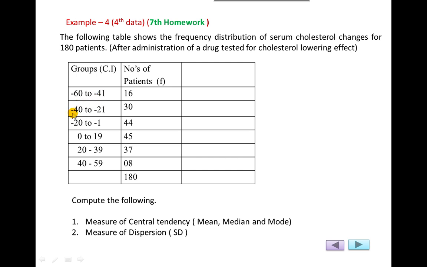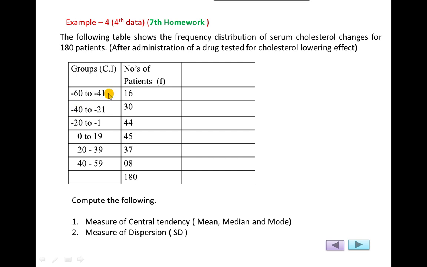A negative small value is a large value. Subtract this value, minus 41, from minus 40. So minus 40 minus minus 41, minus minus will be plus, and plus 41 minus 40 will be equal to 1, and then divided by 2 you will obtain 0.5.